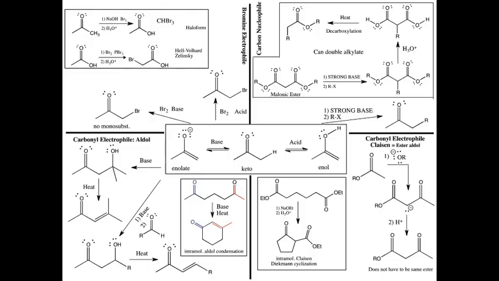But we are a bit short on time. What we see here looks like a giant mess, but if we look at the very center, we're starting with a keto form, and what can the ketone do? It can become an enolate using bases, or it can become an enol using acid. What can happen when I take my keto form? Well, if I add a strong base and R-X, what do I get?